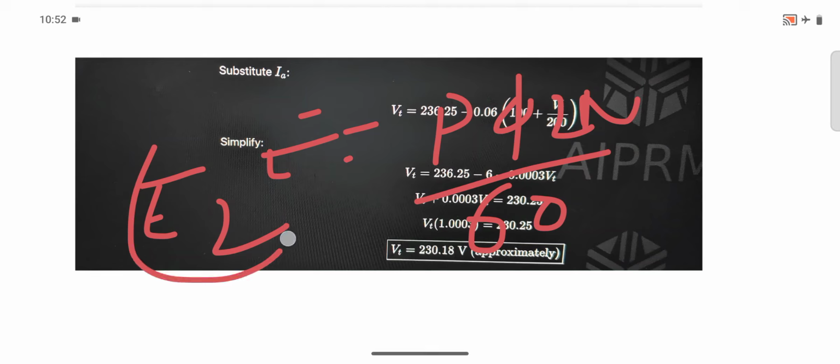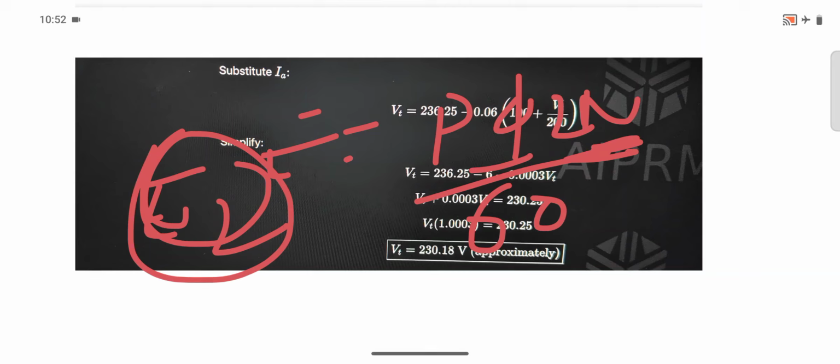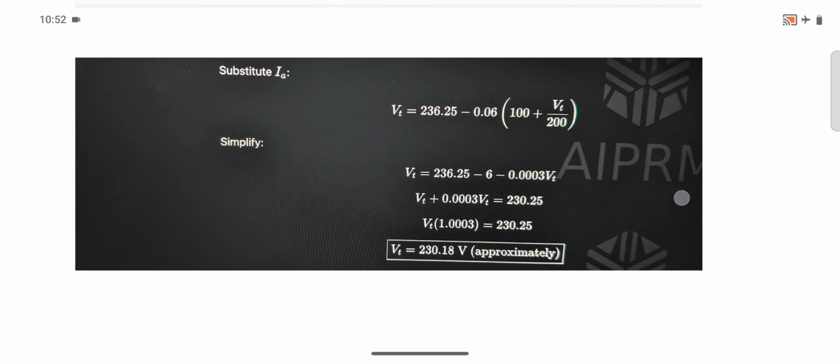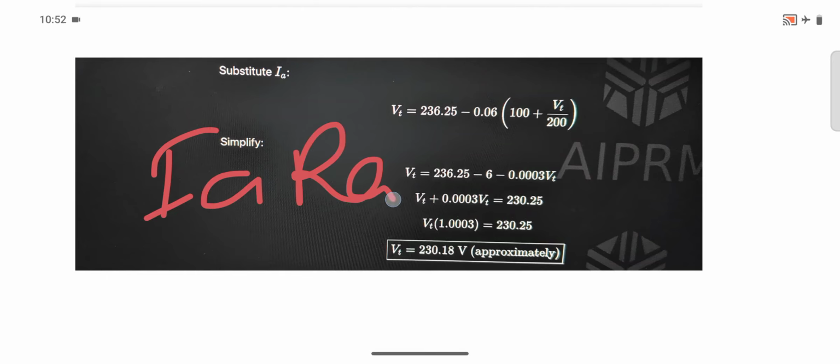Using this we find E2, because flux and speed change. Then we have found EMF. Now we have to find IA and RA.